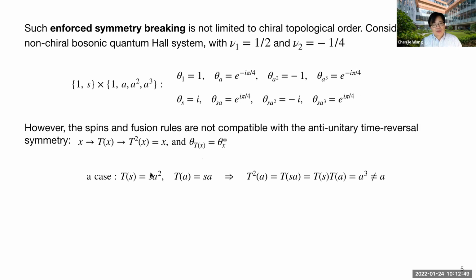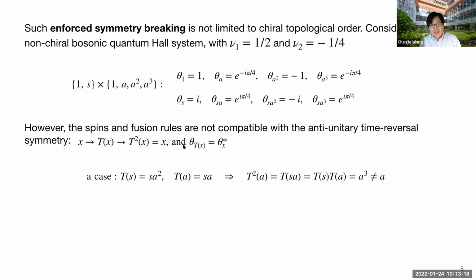It's actually not hard to see, because in order to assign a time reversal symmetry in this topological order, a few conditions should be satisfied. For example, one of them is that some anyon x gets transformed to another anyon, let me denote it as Tx. If we apply it twice, then we must go back, because time reversal squared is 1.